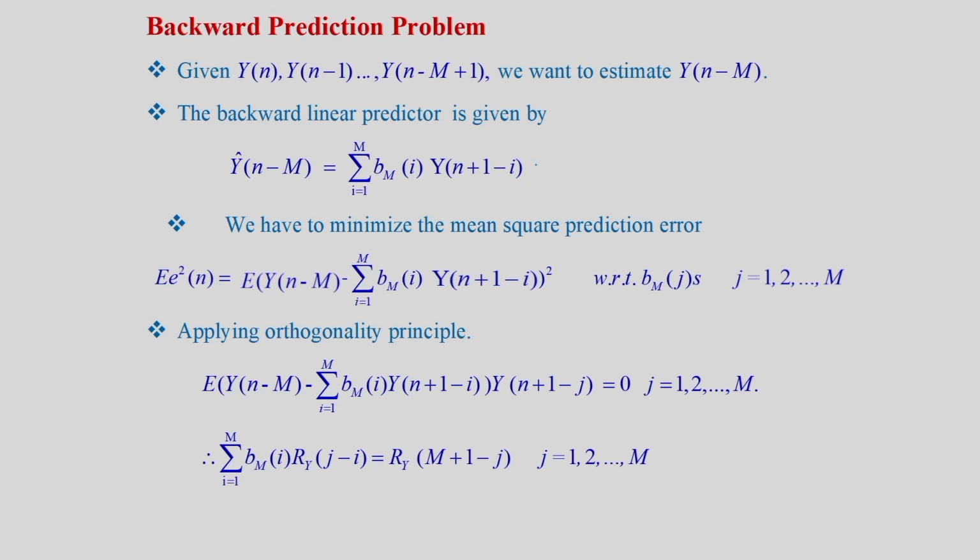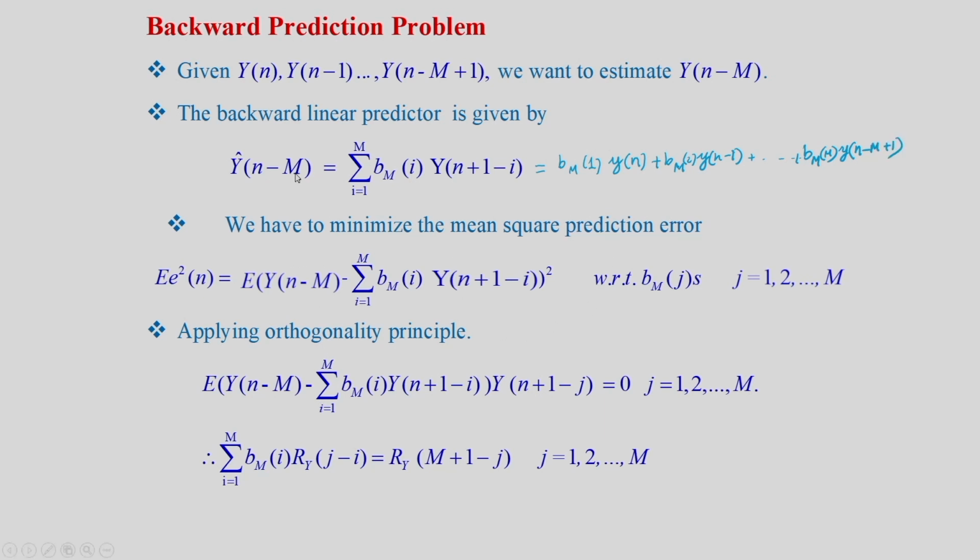So, this will be equal to b_m1 into y[n minus 1] plus b_m2 into y[n minus 2], like that. The last element will be b_mm into y[n minus m plus 1]. This way we predict y[n minus m].